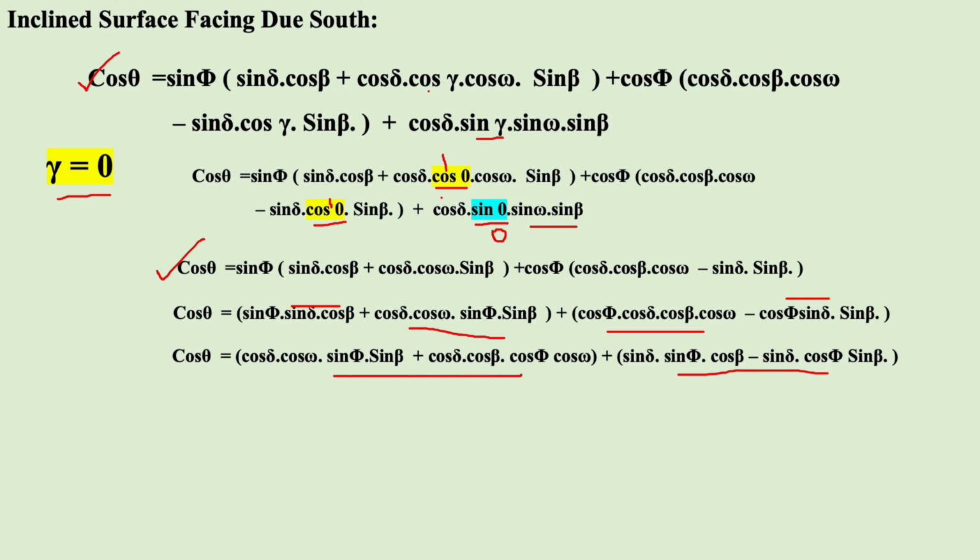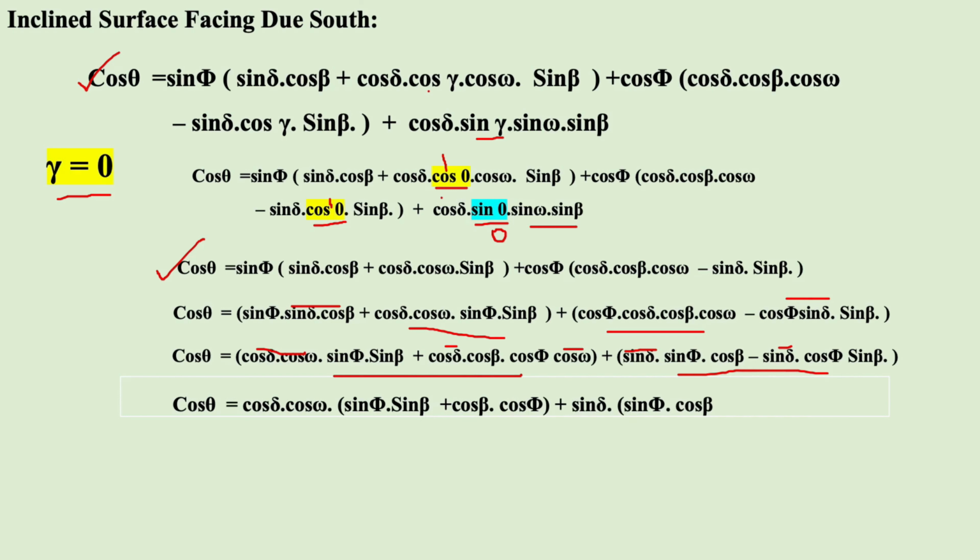In the first bracketed term, cos delta and cos omega are common terms, so we take them outside the bracket, and similarly in the second only sin delta is common, so we take it outside. The new equation will be cos theta equal to cos delta cos omega within bracket sin phi sin beta plus cos beta cos phi, plus sin delta outside the bracket, and within the bracket sin phi cos beta minus cos phi sin beta.